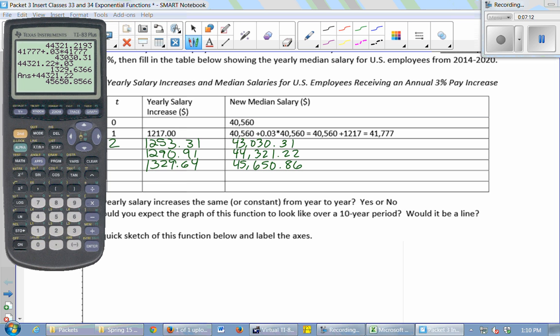Does this make sense? Okay, so I just have to do a couple more times 0.03, 1369.53 plus the previous answer.